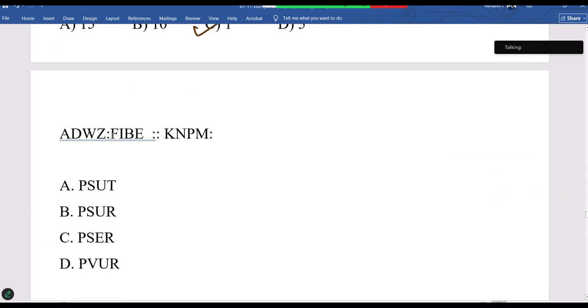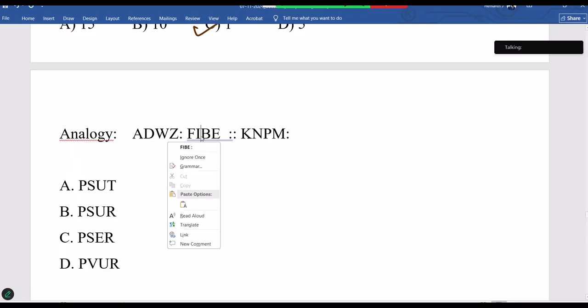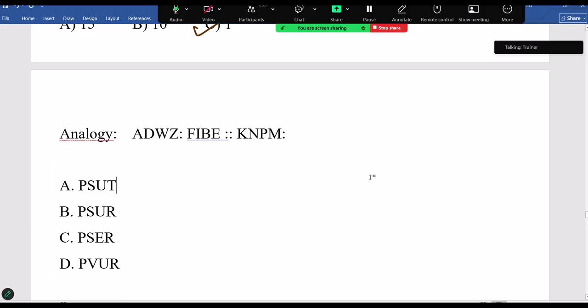Next, analogy question. Here, what is the logic?